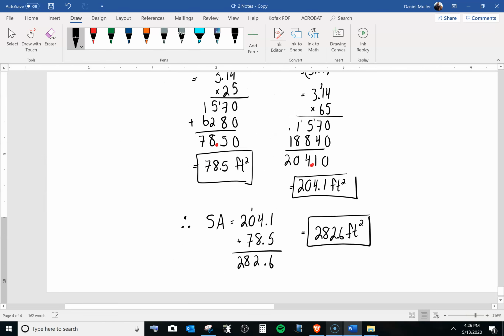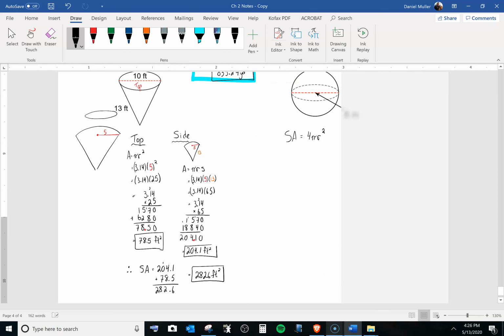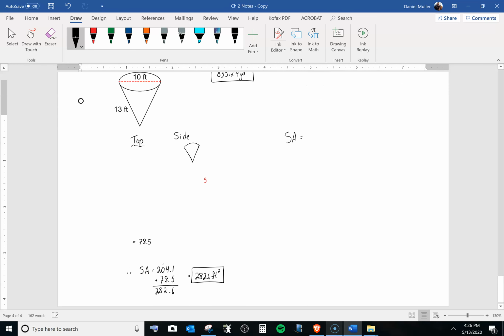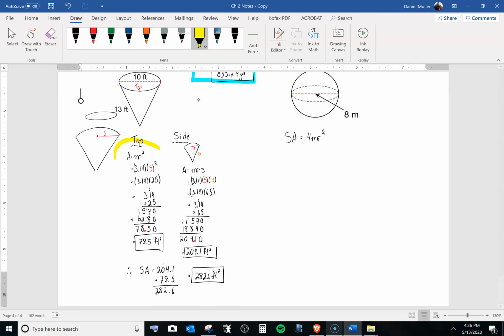So I'll zoom out here so you can just take a look at what it is that we did. We had the surface area of a circle. That was our first part. That's the top. Pi r squared, where r was 5. So we had 3.14 times 25. It's just a quick multiplication there, and that's it.